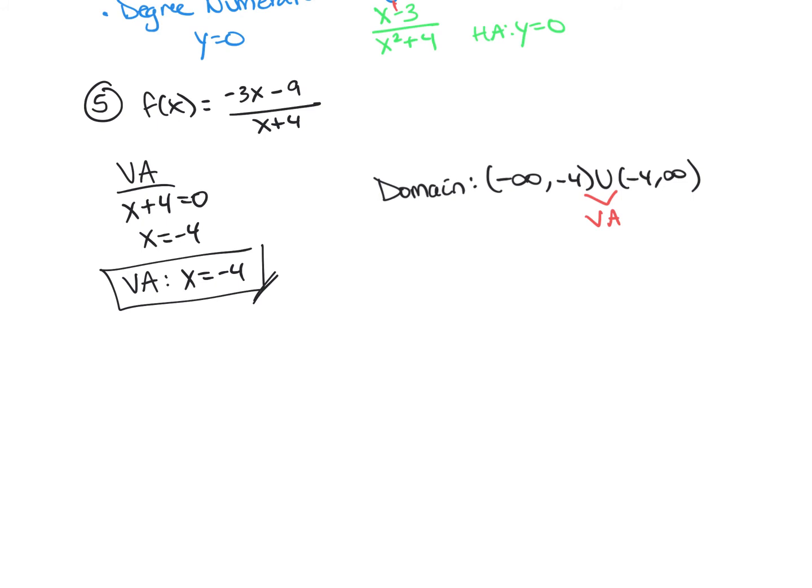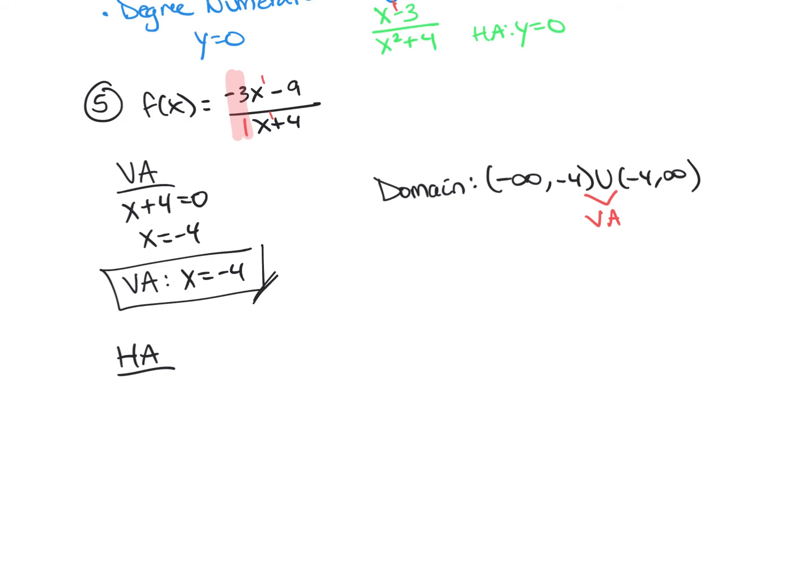For our horizontal asymptote, in this case, I'm going to look at the degree of the numerator and the degree of the denominator. I can see the degree of my numerator is 1, degree of my denominator is 1. It's the same thing. So if I take a look at the numbers out in front, I have a negative 3 over, there's nothing really out in front of that x, so you can think of that as a 1.